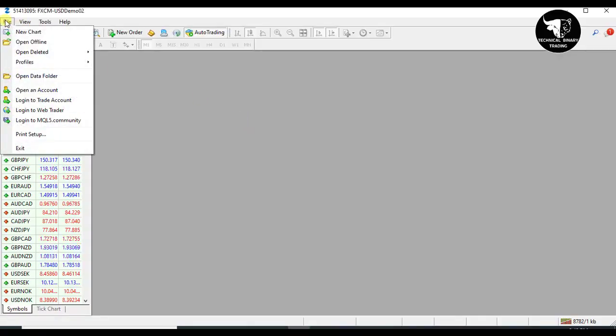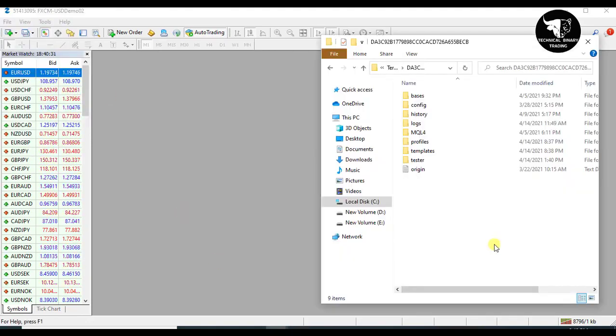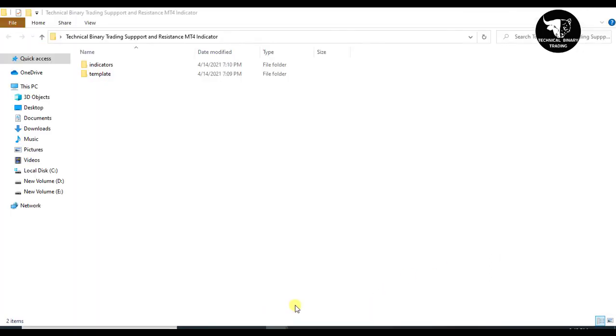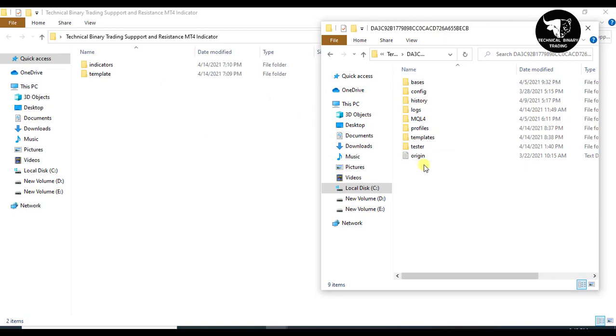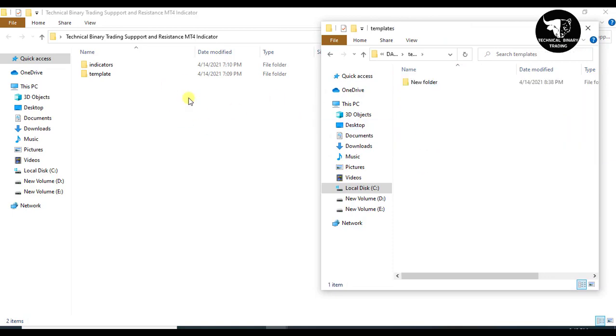Let's see how to install this indicator. Click open data folder, and here is the MT4 data folder. Now open the indicator folder and open the template folder of MT4 and the template folder of the support and resistance indicator.